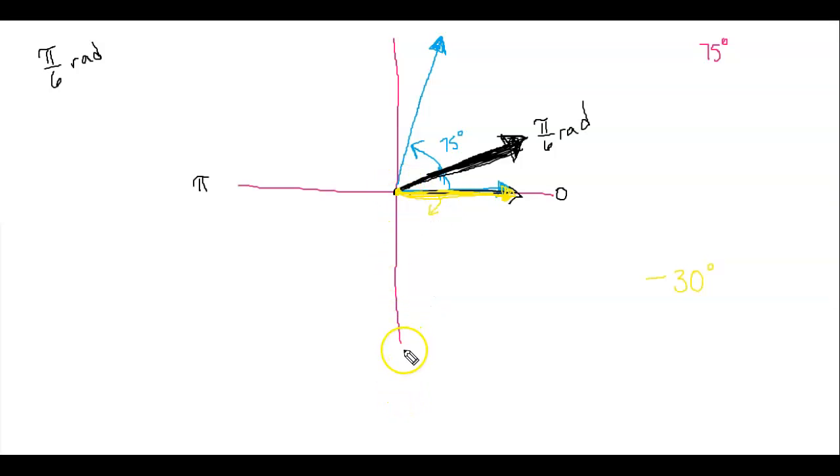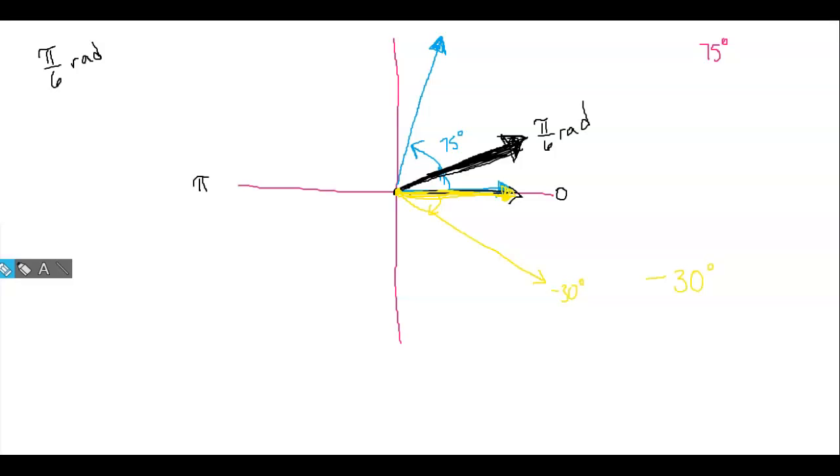And I know this is 90 degrees, so if I cut this into 3 equal pieces, 30 should be about 1/3. So this would be 30 degrees, but it's going in the clockwise direction. So this would be negative 30 degrees.